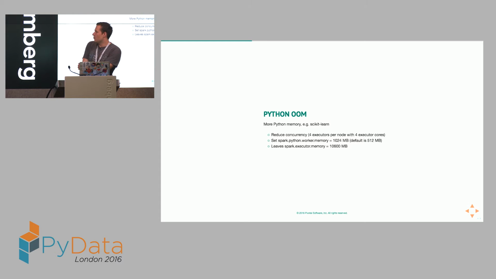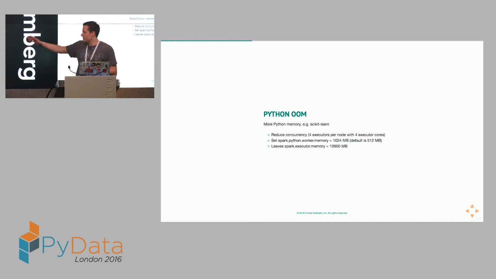And why would you want to do this? So, for example, what we have done in the past, we've used PySpark to drive cross-validation from scikit-learn to parallelize it over a cluster, right? And if you're starting to fit models within PySpark, you definitely need more than 512 megabytes of RAM. So what happens is you start getting out-of-memory errors.